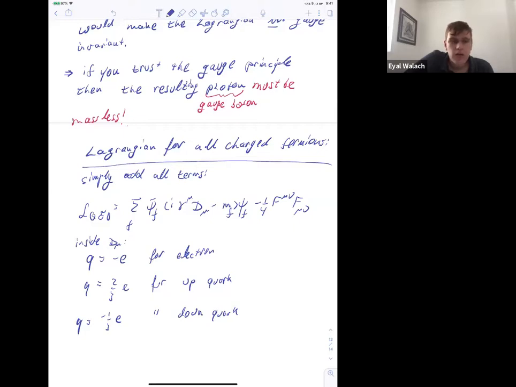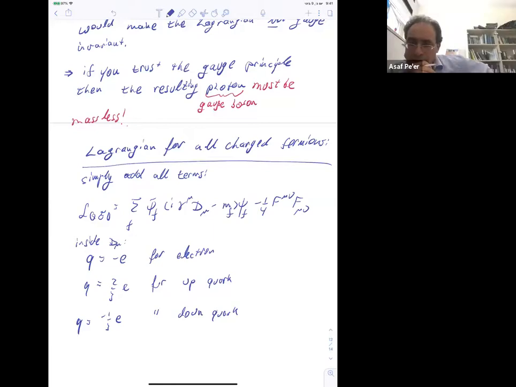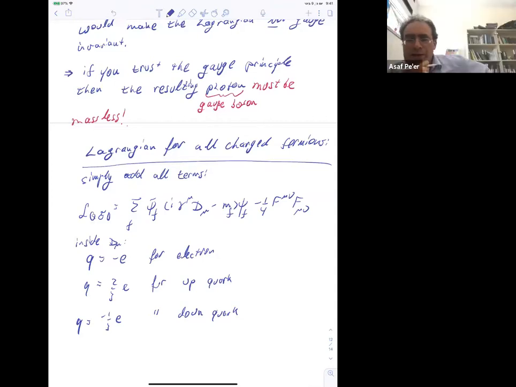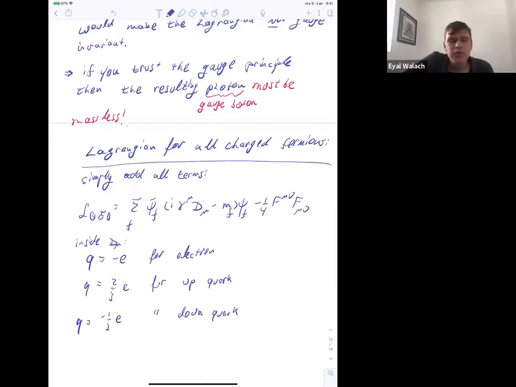But if you talk about the total QED Lagrangian that you wrote, it has only one symmetry. It's not a symmetry for electrons and a separate symmetry for up quarks. It's one symmetry, which includes different phases for electrons, up quarks, and down quarks. I do want the Lagrangian to be invariant. It's the same phase up to a multiplicative constant.